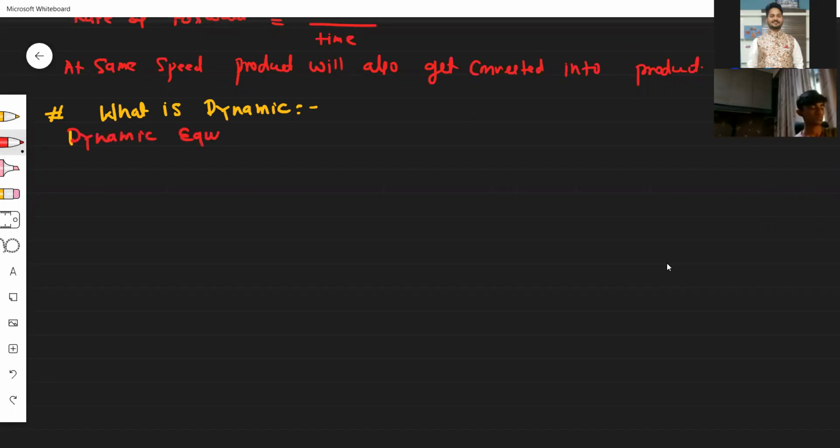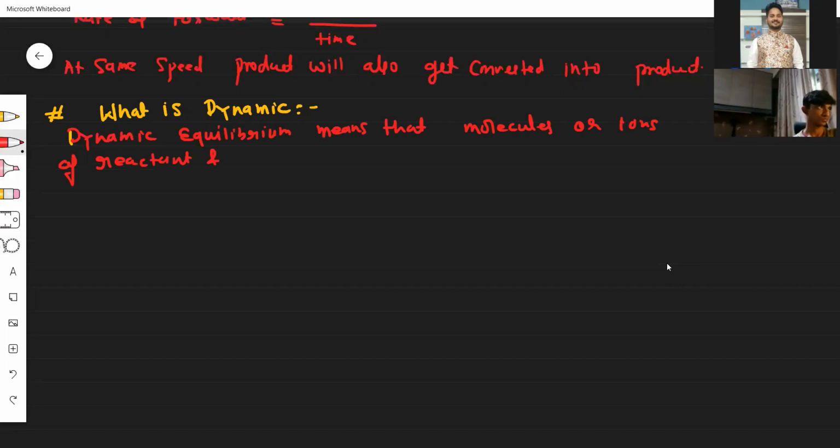Dynamic equilibrium means that molecules or ions of reactant and product are continuously changing, continuously reacting and interconverting.